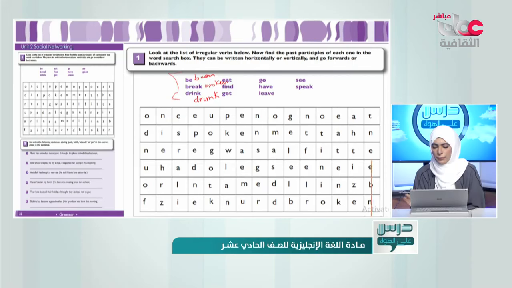For example, number 1, been. See, we choose this word. Been, you have it here. Break, we will check broken. You have it at the bottom. Then drink, the past participle of drink. You have it at the bottom also. Eat, eaten. Check the crossword. Find, found. And you have it there.